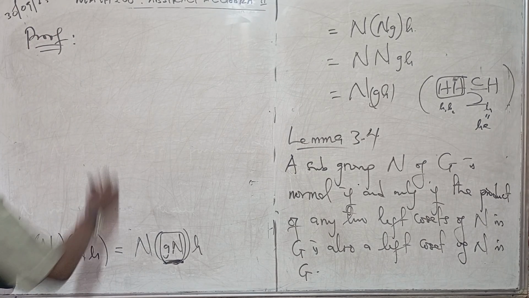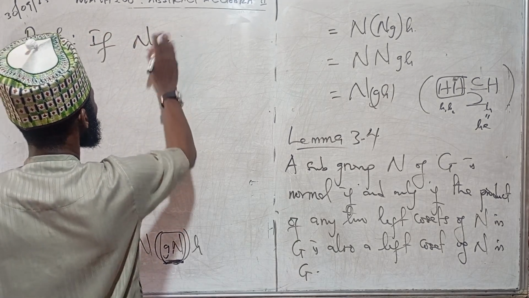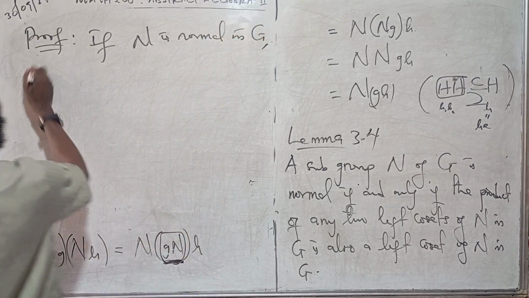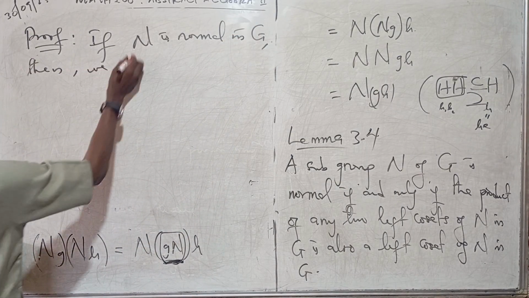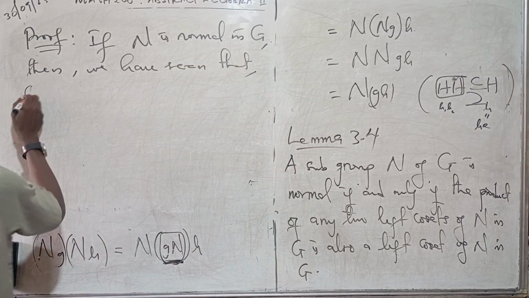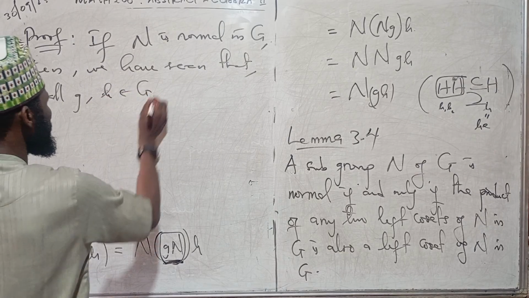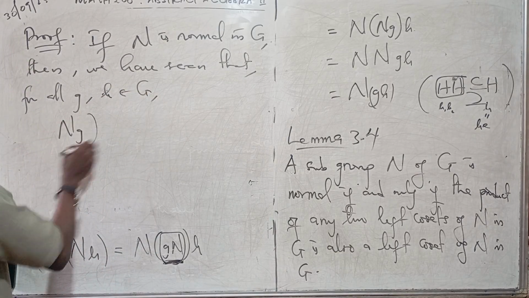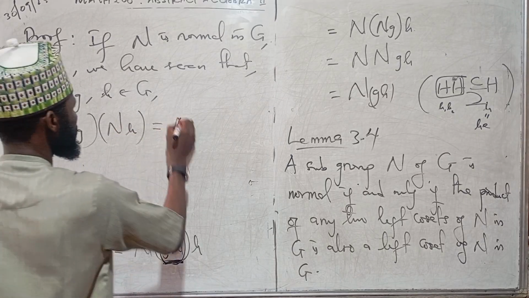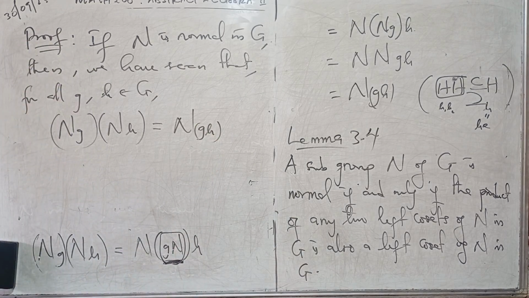So if N is normal in G, then we have seen that for all g and h in G, if you multiply the left coset generated by g and the left coset generated by h, it is equal to the left coset generated by the product.